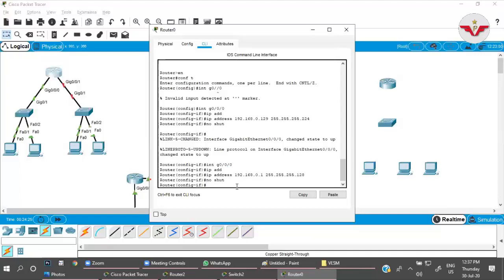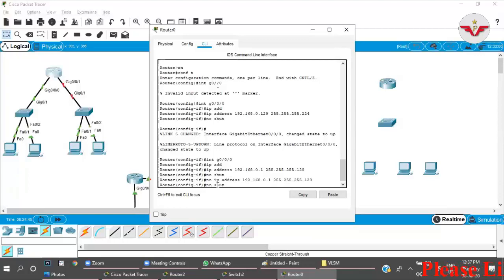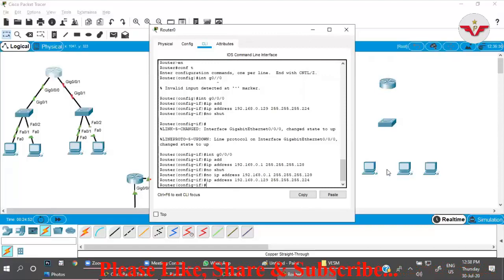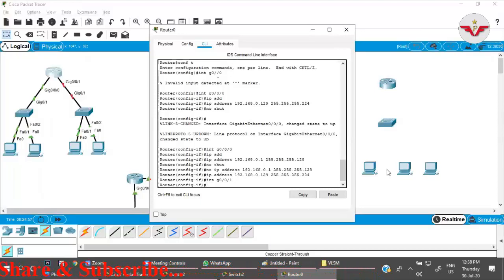So if you want to remove any configuration from the router or the switch, what is the command? Just use the same command, whatever you have configured, but before that you add no. So I have used this IP. Just go to the beginning of the line, type no, and it is done. And the correct IP on that interface would be this one, which I had given earlier. Now int g 0/0/1. Here I have to give that IP 0.1. Okay, no shut.